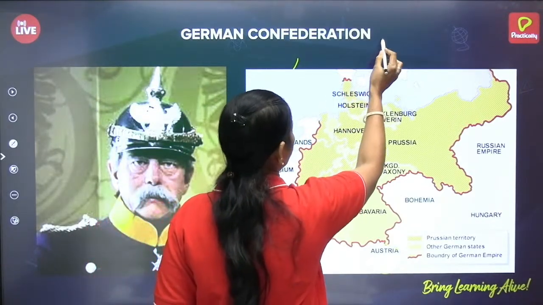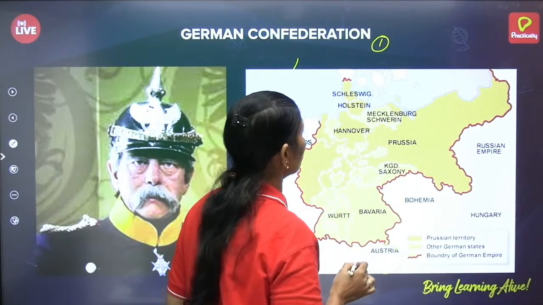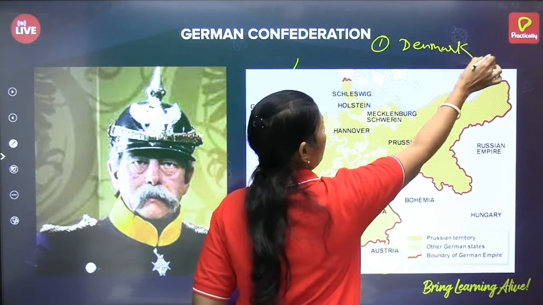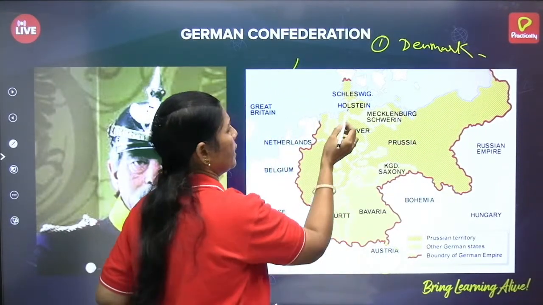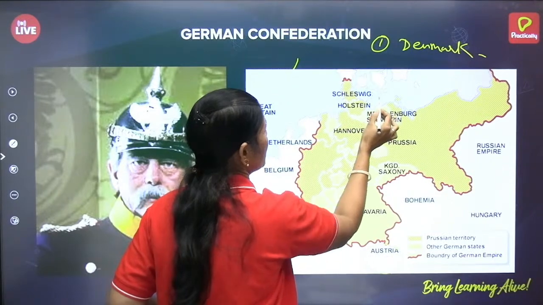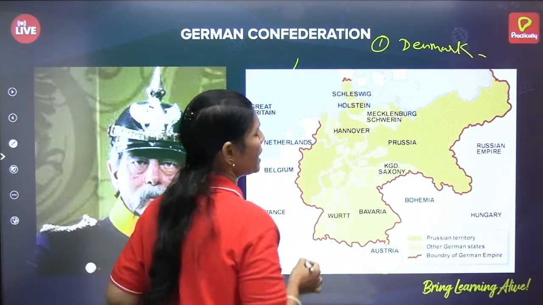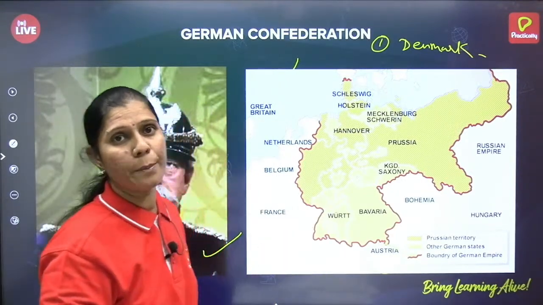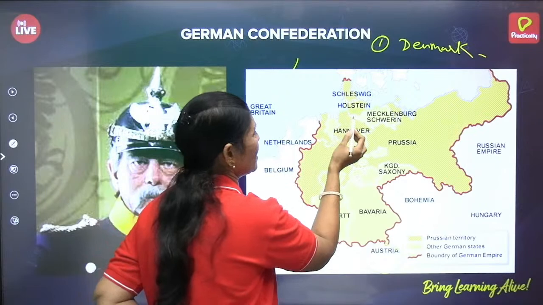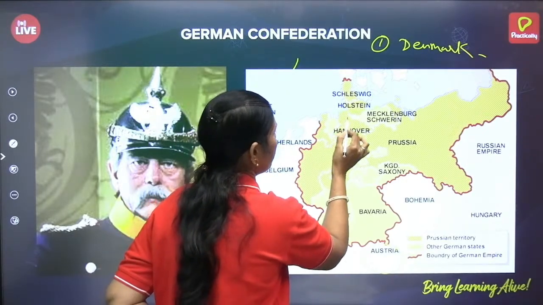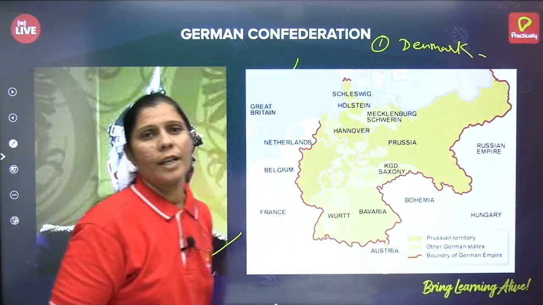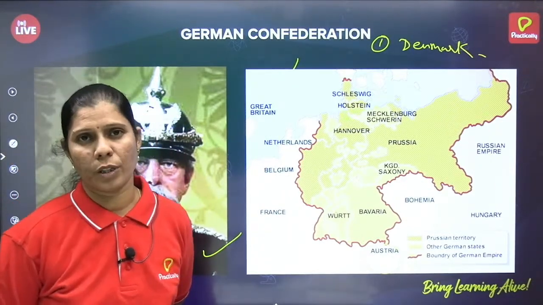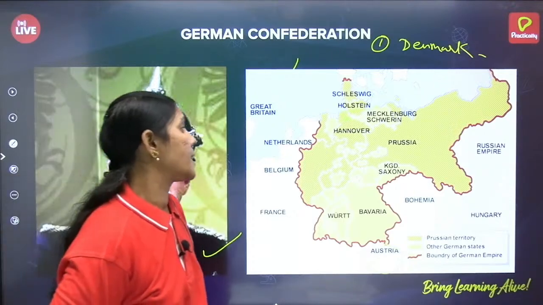The first one is the war with Denmark. Schleswig and Holstein were two territories, independent states. At this moment in Denmark, a new Danish king ascended the throne.